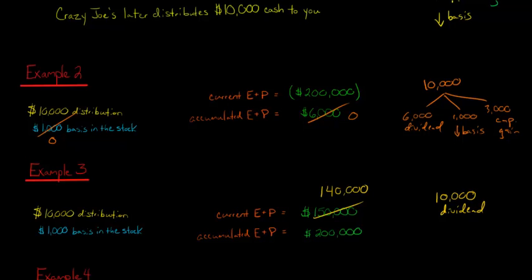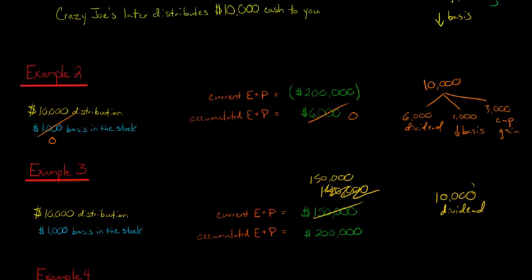Now let me just give you an alternative scenario here, right? Let's put this $150,000 back. Let's say that the distribution had been $200,000 or some larger amount, and you were trying to say, okay, well, how much comes out of current E&P? What about accumulated E&P? If the distribution was made, let's say, six months into the year, right?